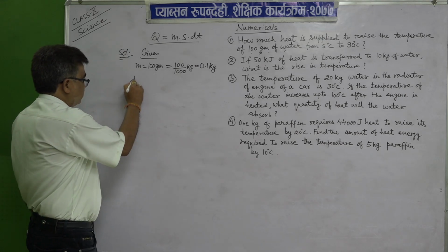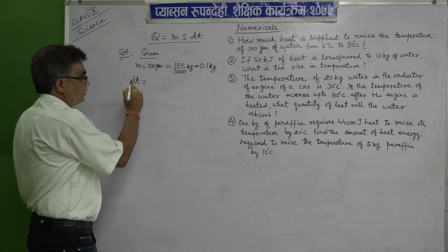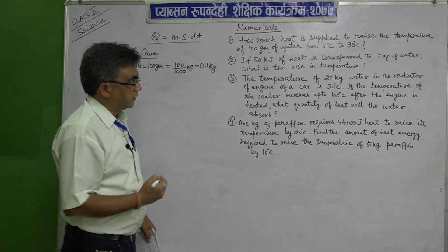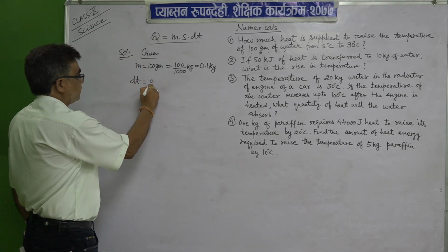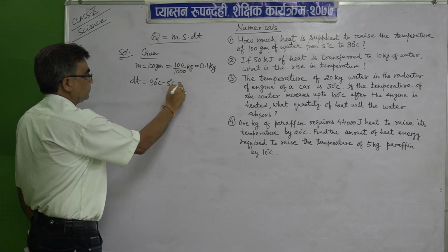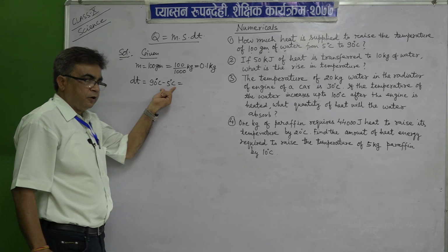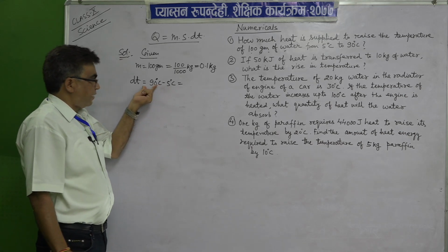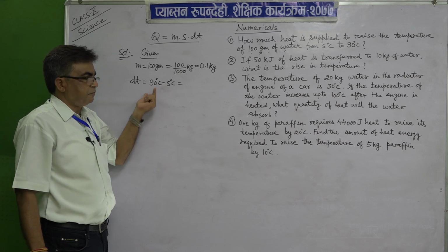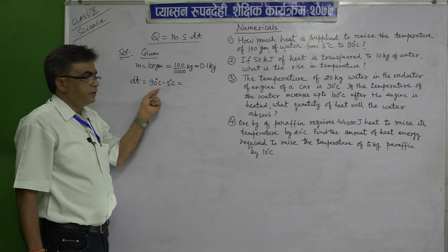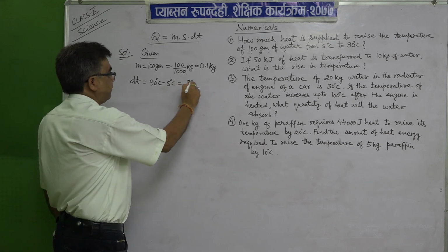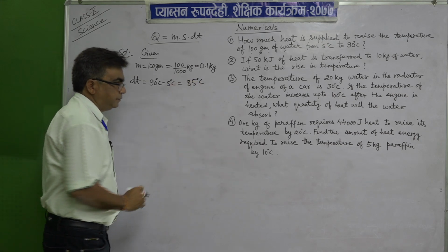We get it from the question: 90 degrees centigrade minus 5 degrees centigrade. The initial temperature was 5 and the final temperature 90, so to calculate dt we subtract initial from final. It comes to 85 degrees centigrade.